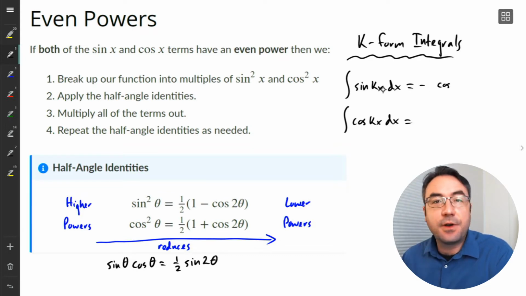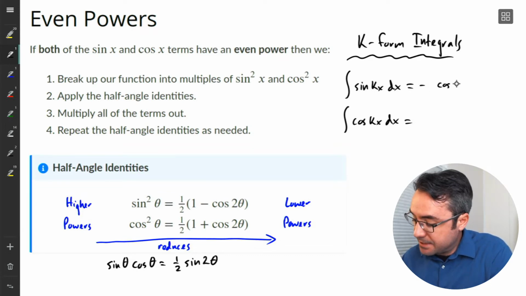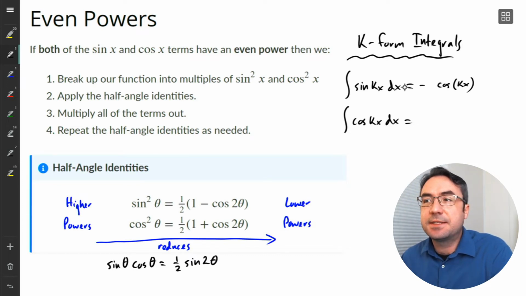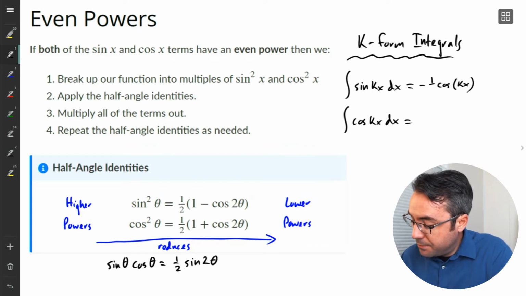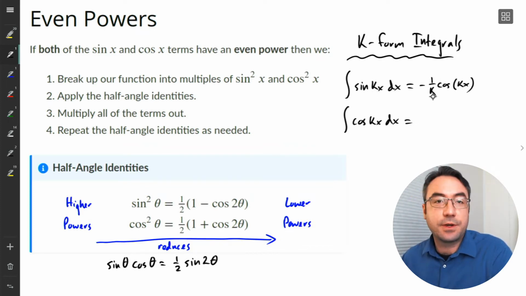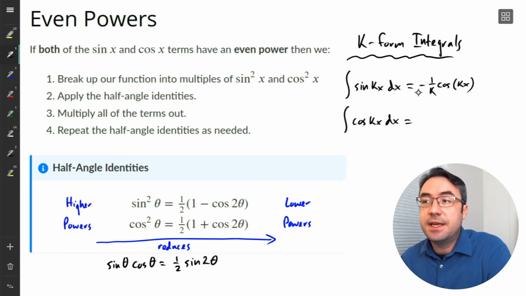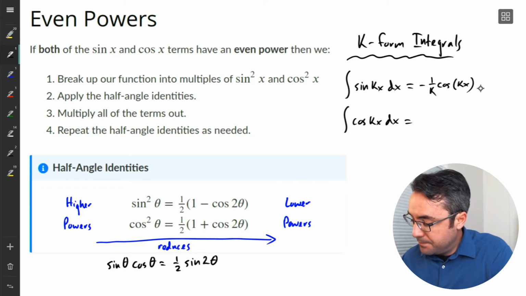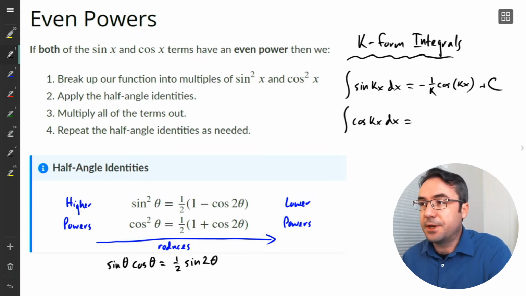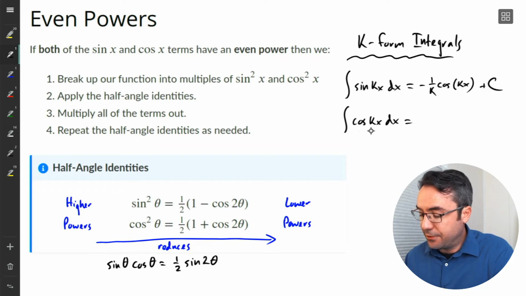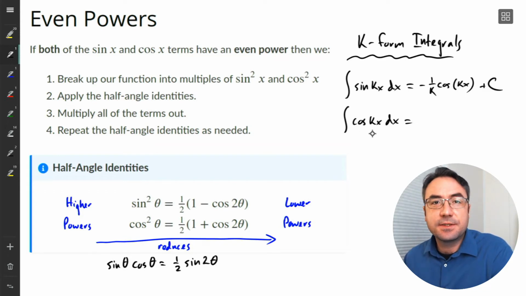We keep our inner function the same, so we keep the kx the same. Then we take that constant in front of the x, the k, and we flip it and put it in front of our trig function. So the integral of sine of kx is negative 1 over k times cosine kx, plus our c term.